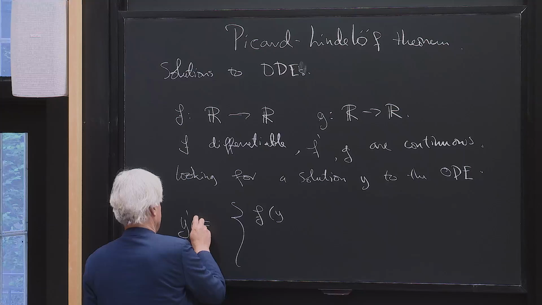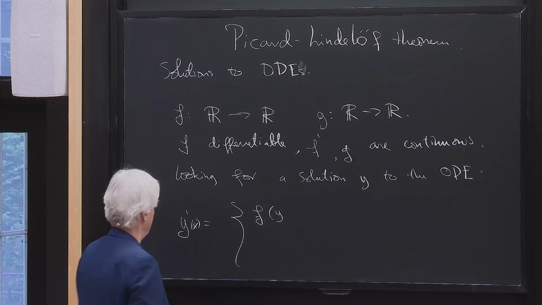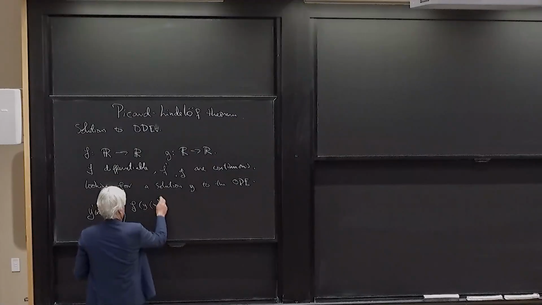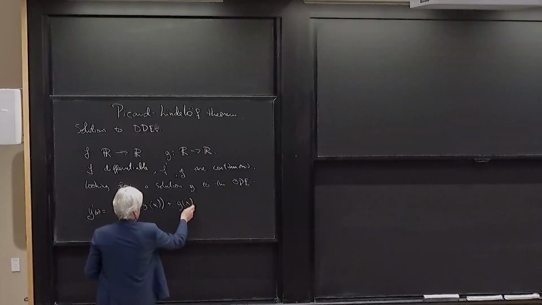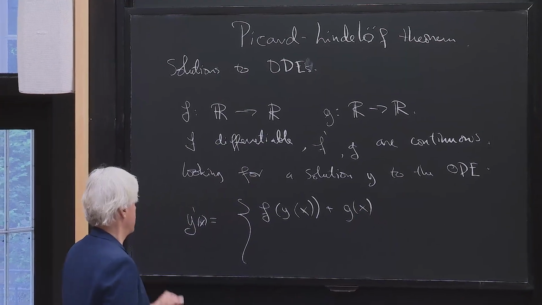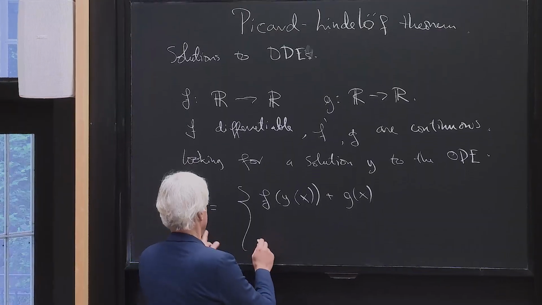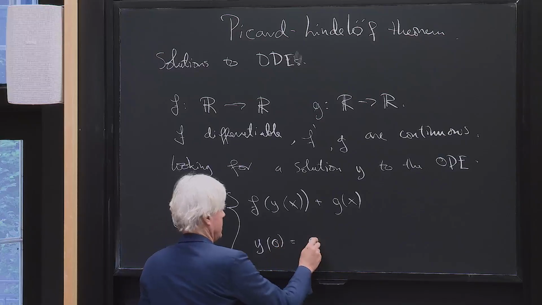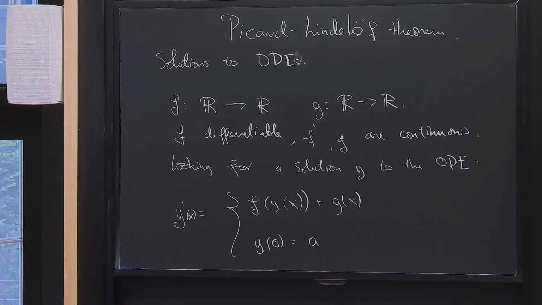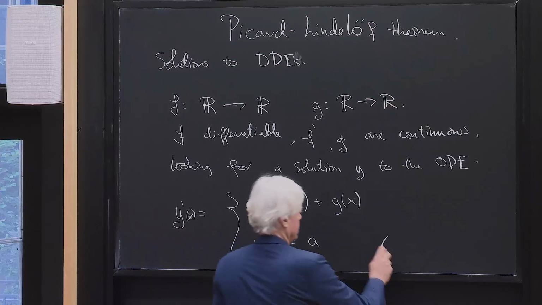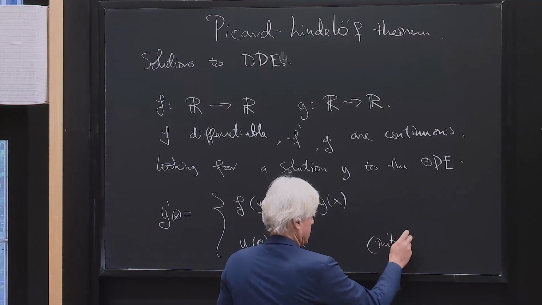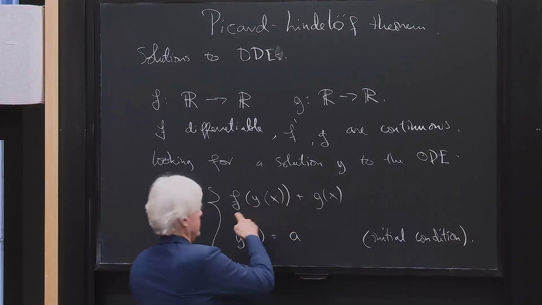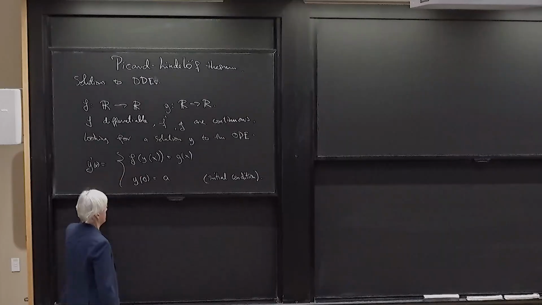So at some point x, the derivative of y should be equal to f of y of x plus g of x. And you are looking for y of 0, say, to be equal to a. This is what's called the initial condition. This is the ODE, and this is equal to that.